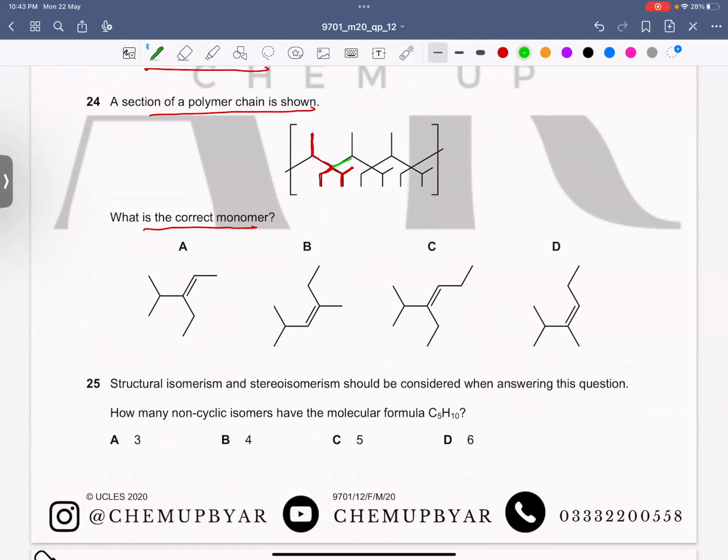Because if I use different colors, then you can clearly observe the repeat unit over here. See? So if I draw one repeat unit over here, then here I have to put the double bond.